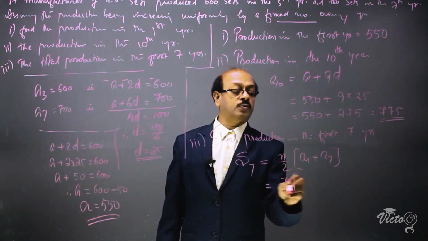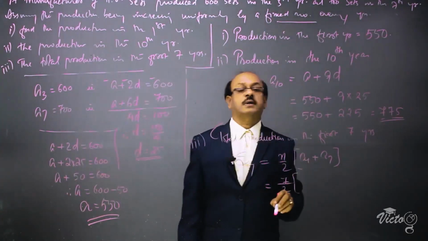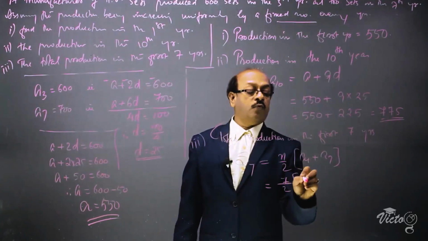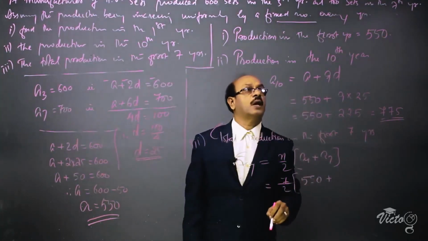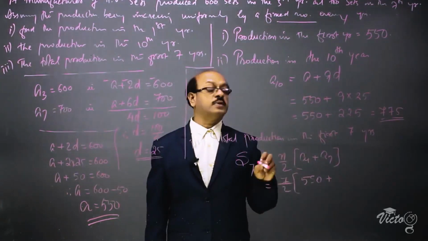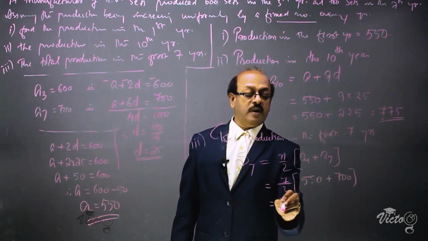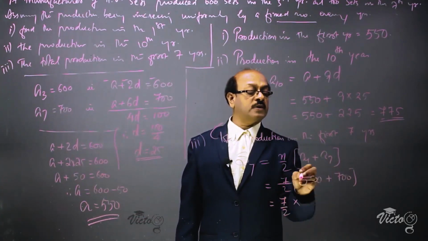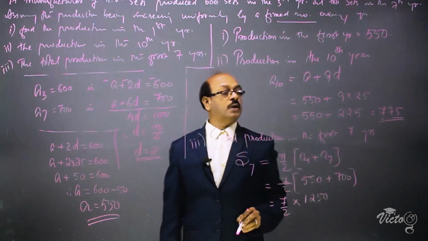So 7 by 2 into A1, which is 550, plus A7, which is given in the question, 700. Now, 7 by 2 into 700 plus 550, which is 1250.